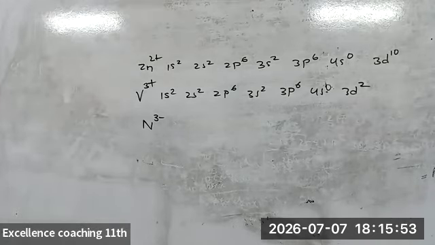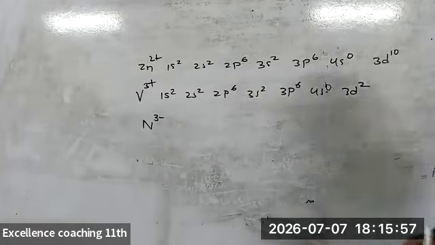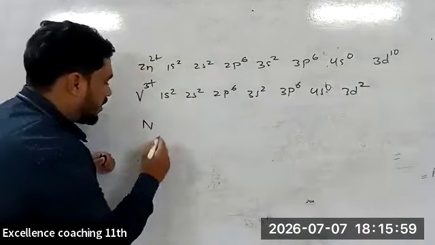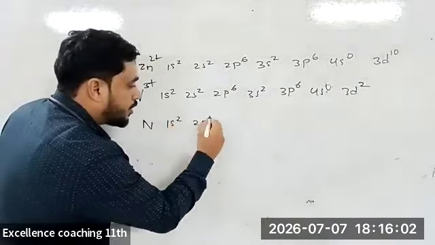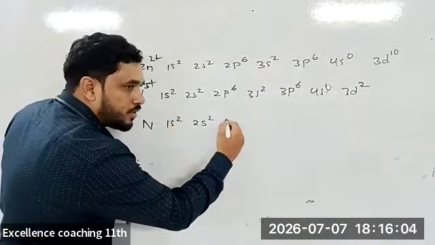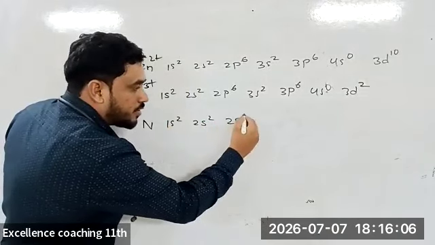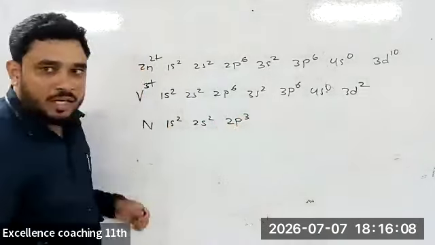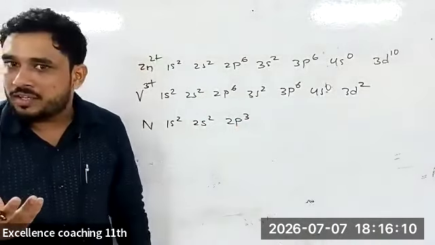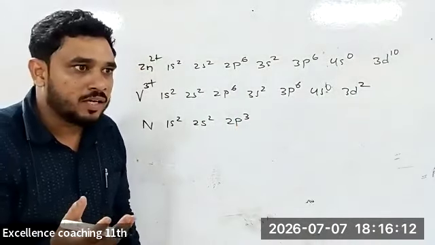Something is wrong with 3 minus. Let's check by nitrogen: 1s2 2s2 and what? 2p. Now see, be careful. I have given minus. How many of you removed the electrons from there?